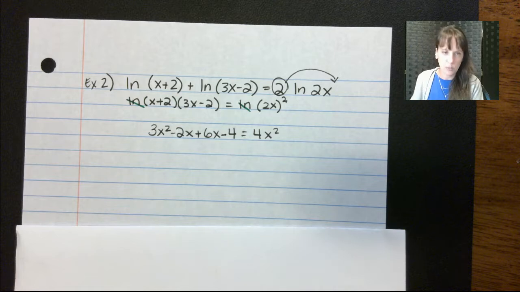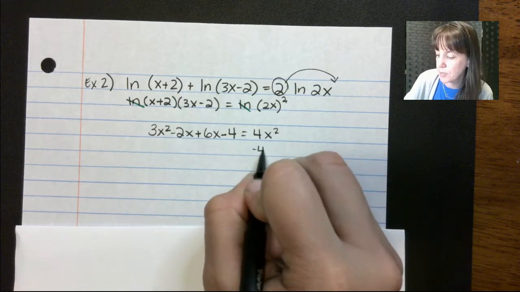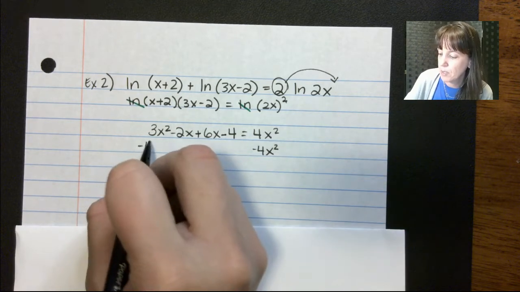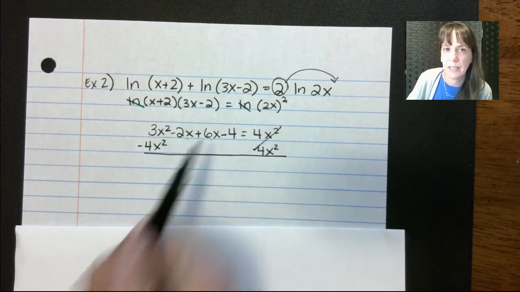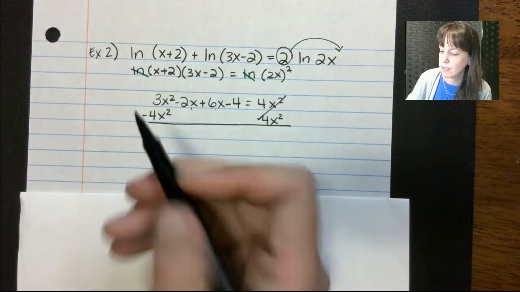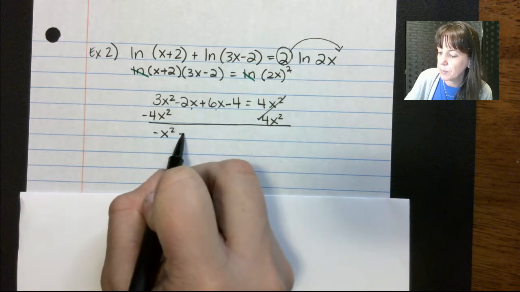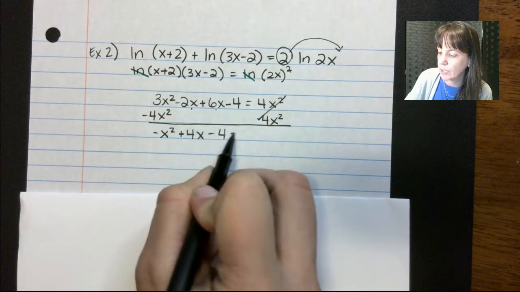I see that I have an x squared here, so I want to set this equal to 0. That's always a good rule of thumb. So minus 4x from both sides, and at the same time I'm going to combine my like terms. So I have negative x squared plus 4x minus 4 equals 0.